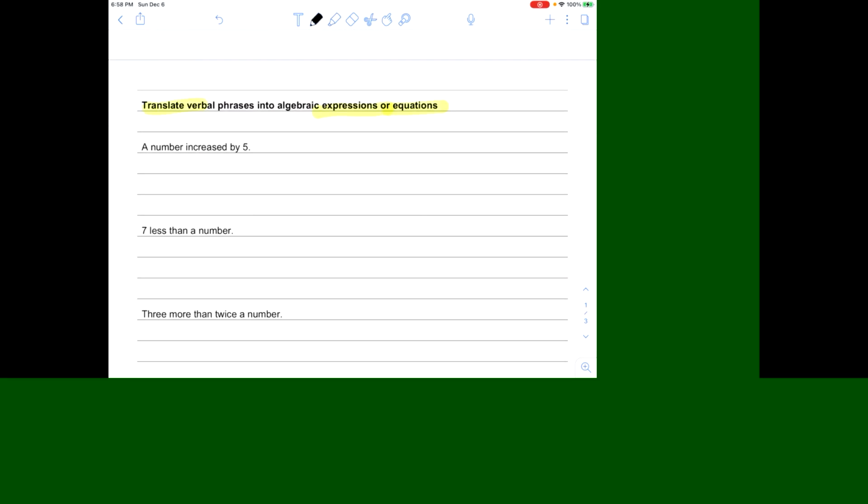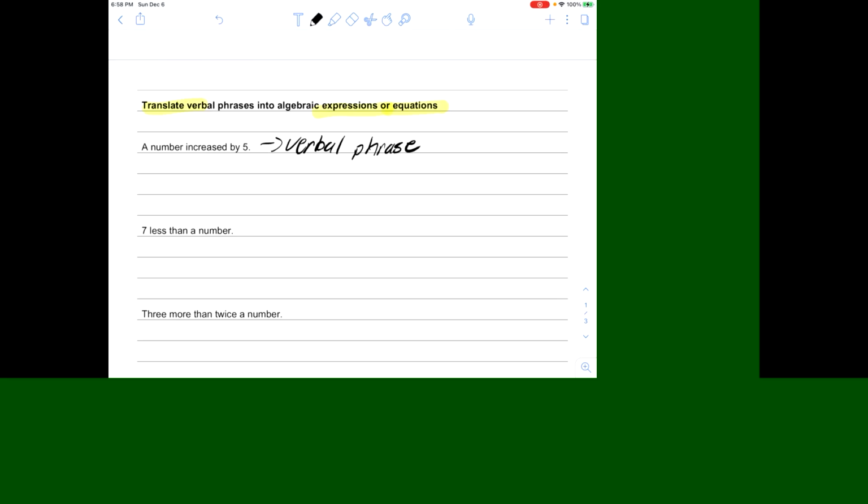We want to turn it from words into a number sentence, which more or less means a math problem. So when I do this, I like to look at the problem and figure out what all of these things mean so that I can turn this verbal phrase into an algebraic expression or equation.